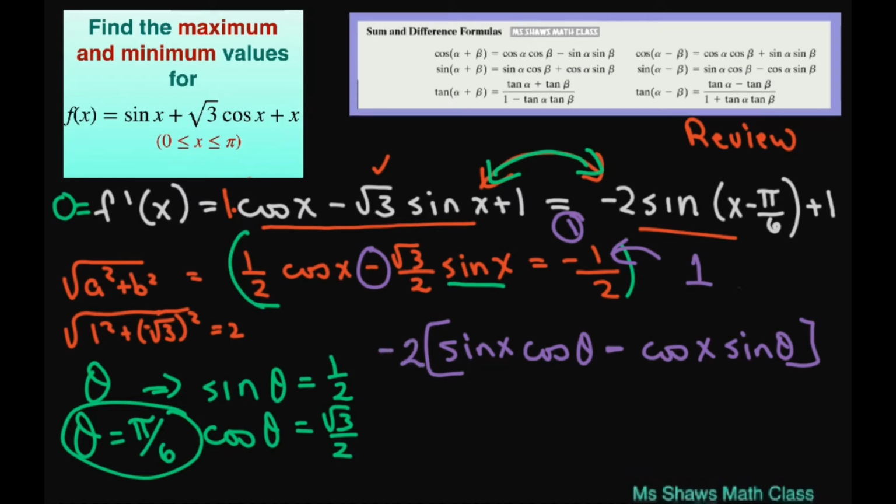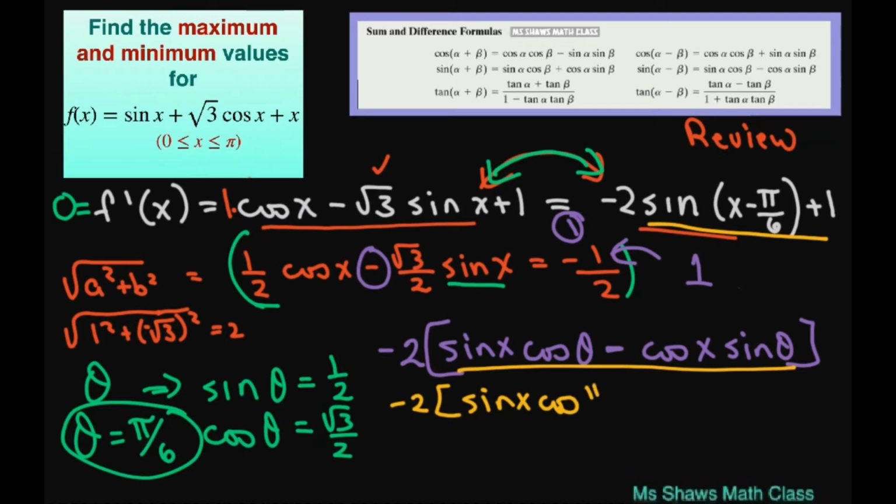Now I'm just going to show you where this equals this. We have negative 2 sine of x times cosine of pi divided by 6 minus cosine of x times sine of pi divided by 6. I'm just using this formula for sine.